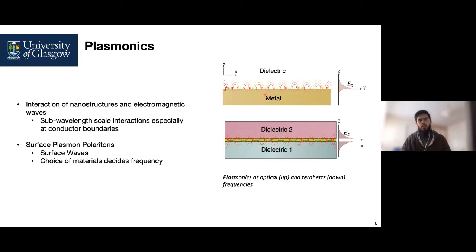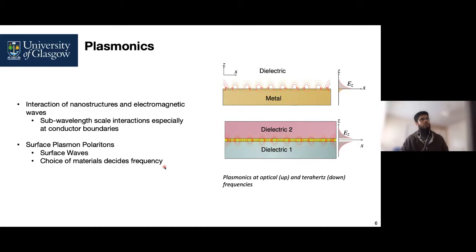But when we go down in frequency, let's say to terahertz, which is from 0.1 to around 20 terahertz, in that frequency region we observe these surface plasmons on the interfaces that are commonly found in semiconductor devices, such as field effect transistors and other devices that are made by similar fabrication techniques.